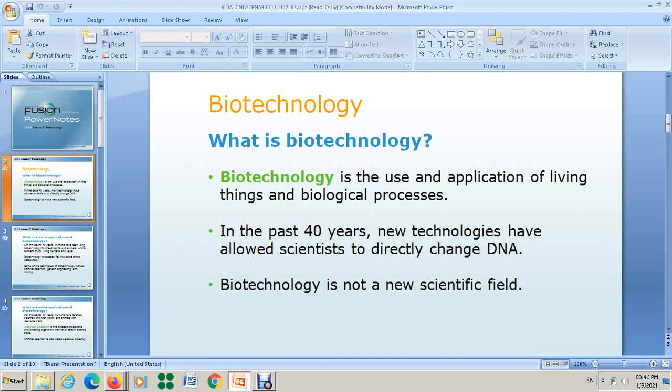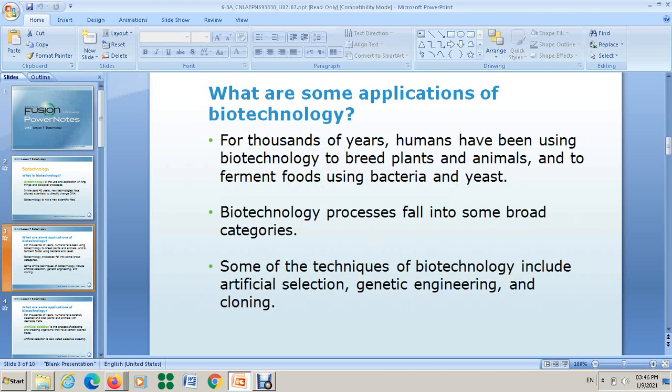Biotechnology is not a new scientific field. Actually, it has been used for thousands of years. Humans have been using biotechnology to breed plants and animals, and to ferment food using bacteria and yeast. All of these things are part of biotechnology.